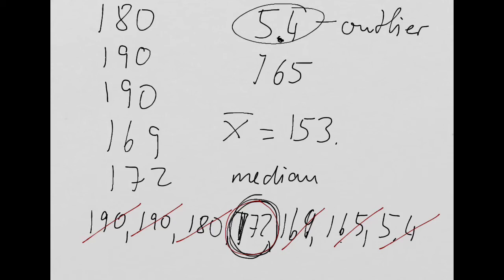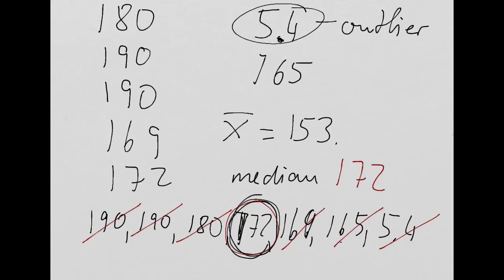Does that look better? That looks much better, 172, because the simple explanation is the median is not sensitive to any weird data.